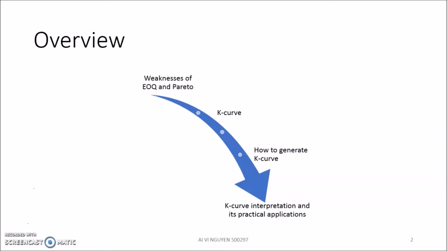And secondly, I will give a brief introduction about Kafka methodology. And then the third part, I will talk about how to generate a Kafka, and lastly, how Kafka can be interpreted and its practical application.